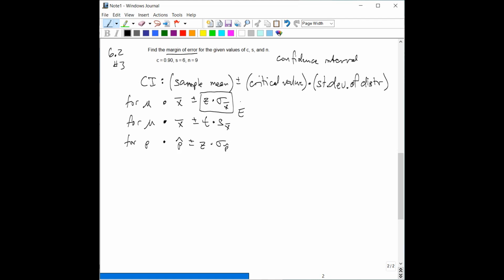Notice that we are given a value for S. If you're given a value for S, you immediately know it has to be the second one, the confidence interval for mu where we're using S and the t distribution.